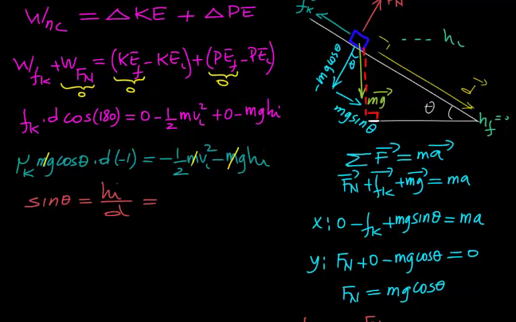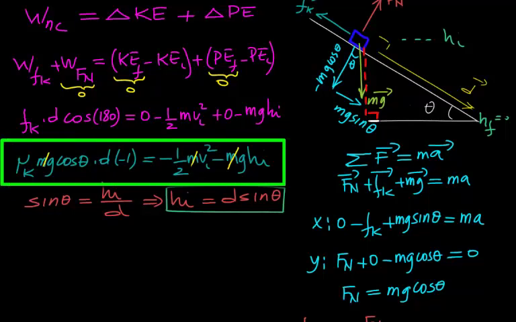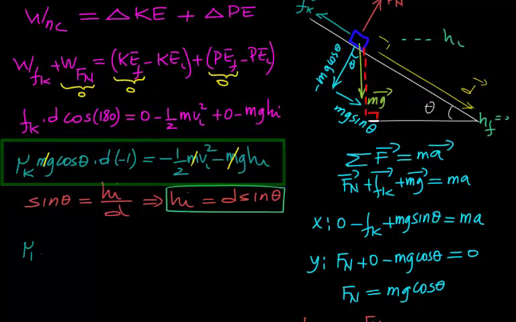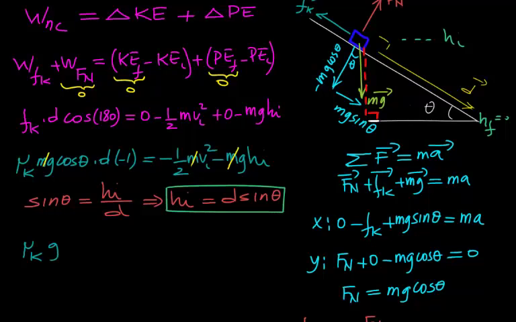Therefore h initial equals d sine theta. Again, theta is the inclined angle. Let's make the substitution in our main equation. We have negative mu k g cosine theta times d equals negative 1/2 v initial squared minus g, and substitute h initial by d sine theta.